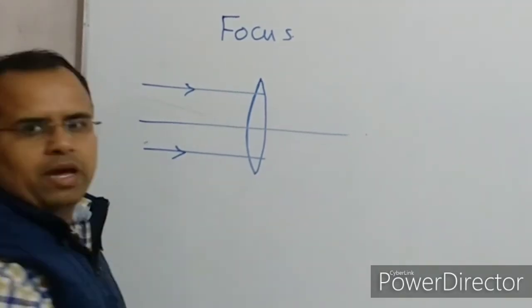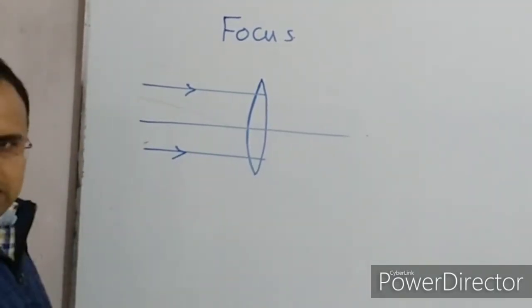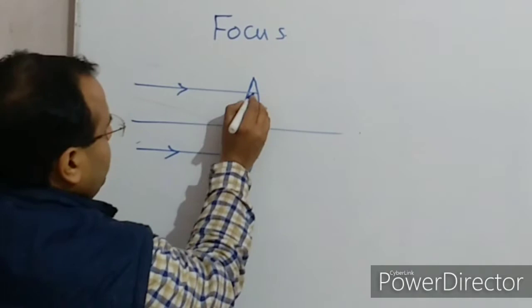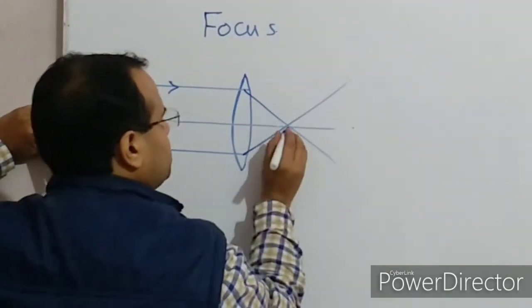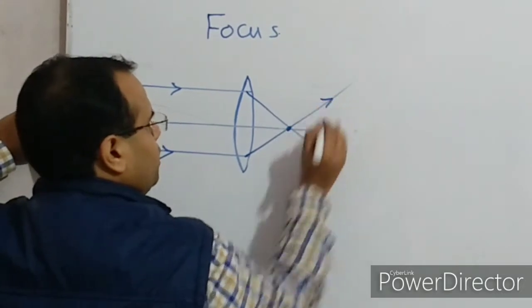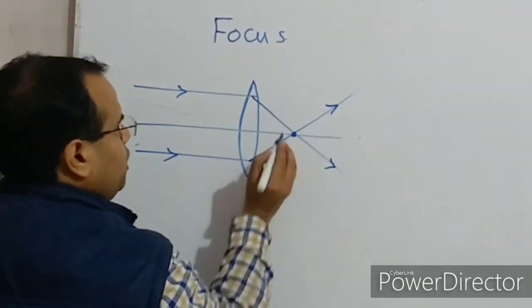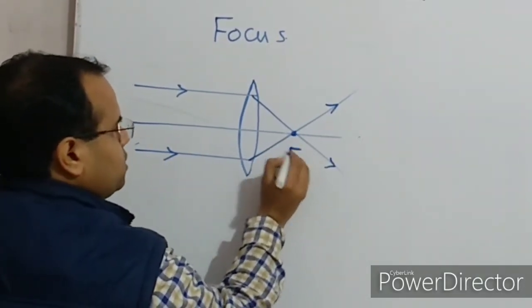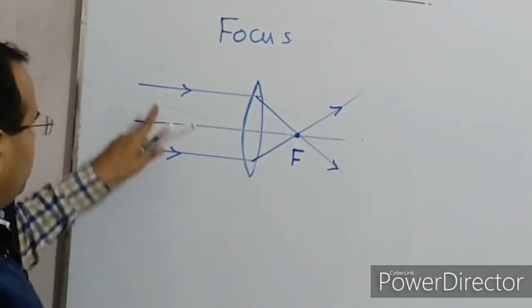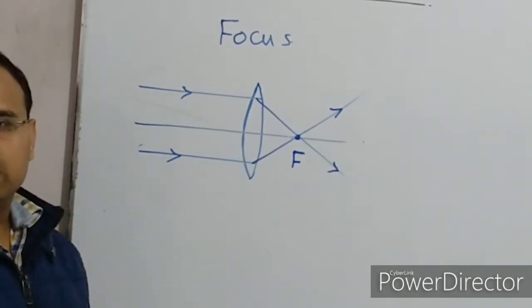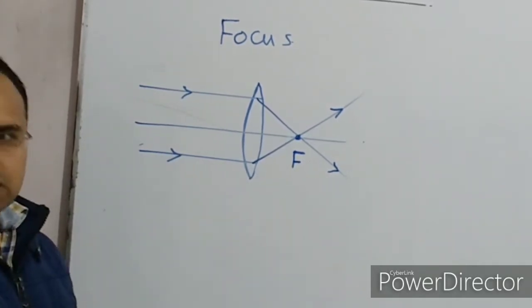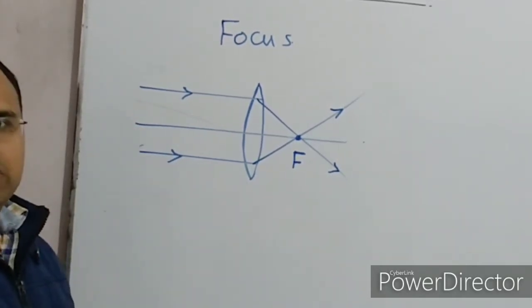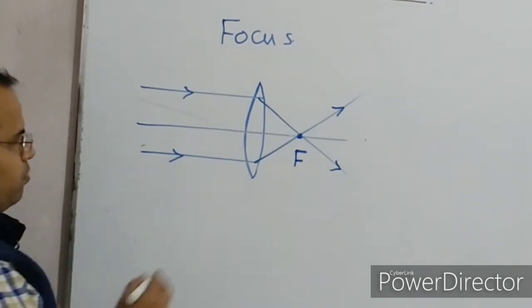After refraction from the lens, the rays pass through one point, and this point is called the focus of the lens. So light rays which are incident parallel to the principal axis of the lens, after refraction pass through a point on the principal axis, and this point is said to be the focus of the lens.